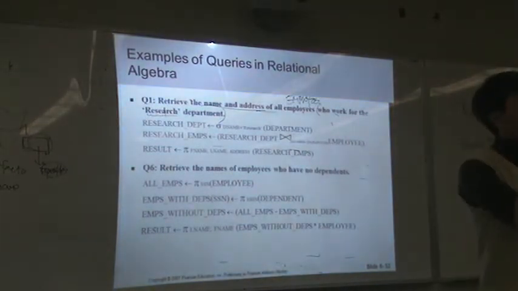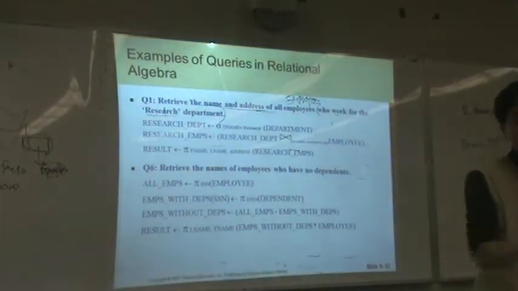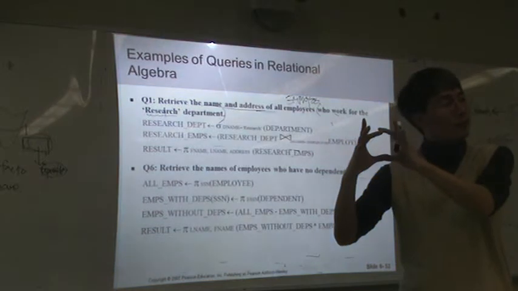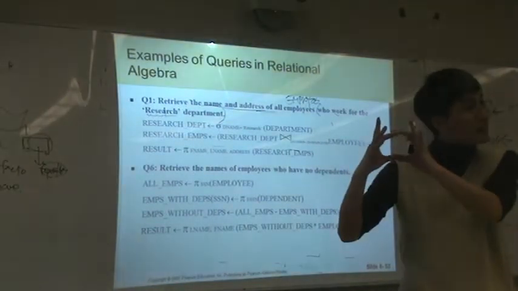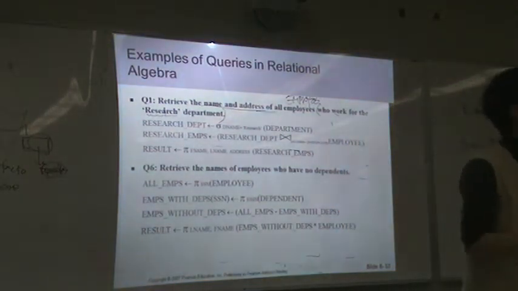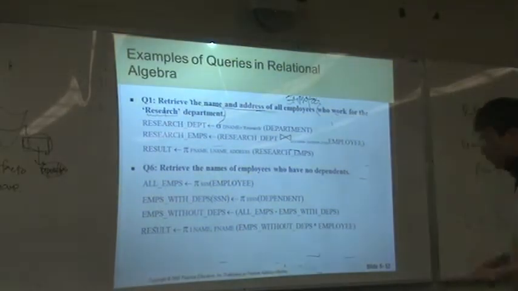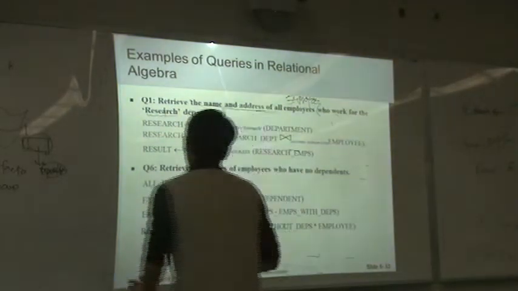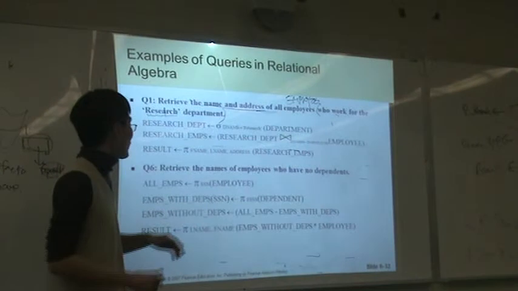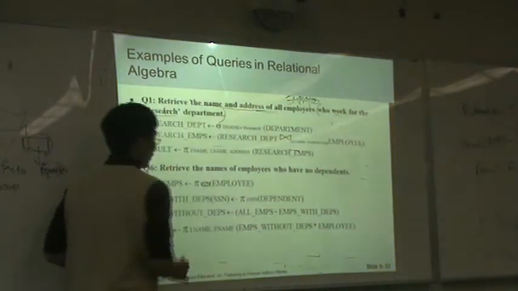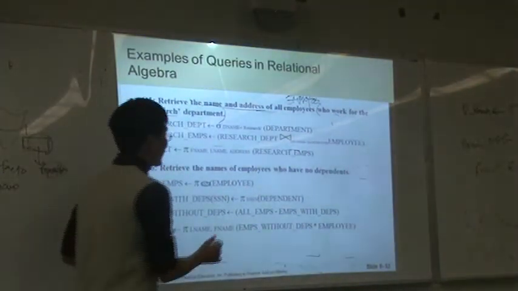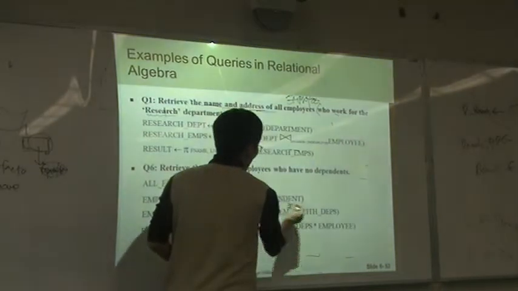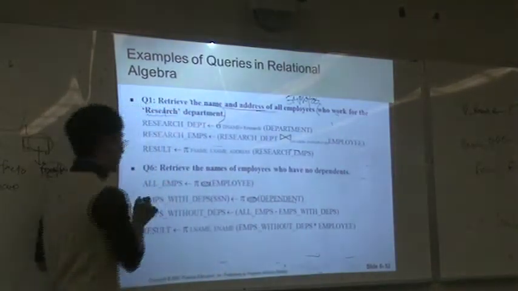So here it is employee information. Then check dependent. Exists? No, not exist in the employee. Which means there are several different ways. This is one way. Employee, we can get all employee social security numbers. Also, we can get the employee social security number from the dependent. What does that mean?